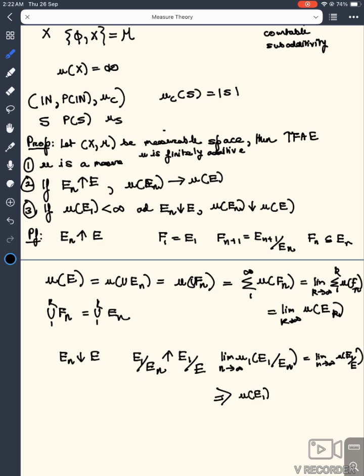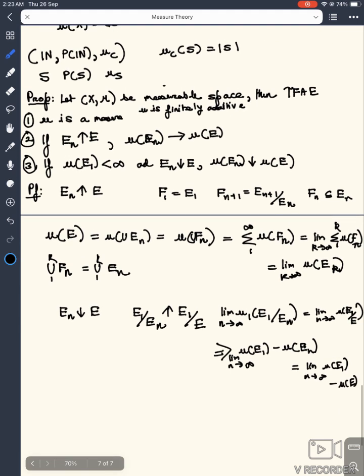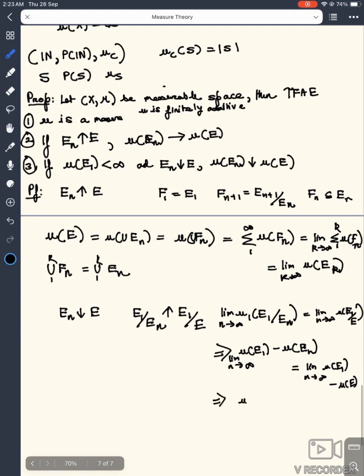So mu of E_1 minus mu of E_n has a limit, and we don't need to worry that all of them are finite. And the next thing is the limit as n tends to infinity of mu of E_1 minus mu of E. Now since mu of E_1 is finite, we can cancel it, and hence we get continuity from above.